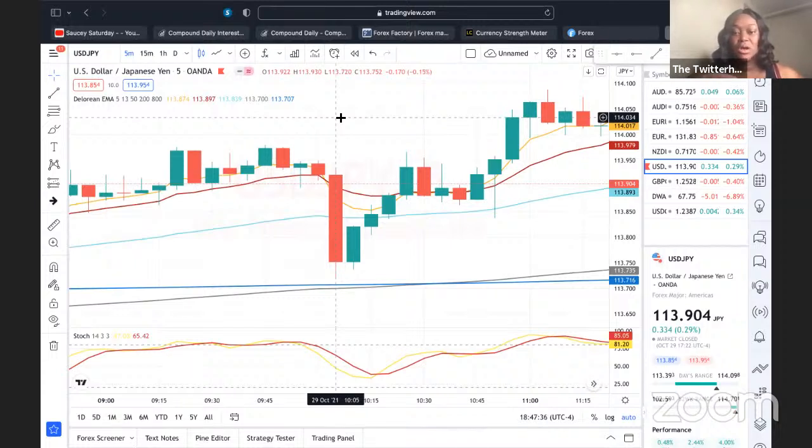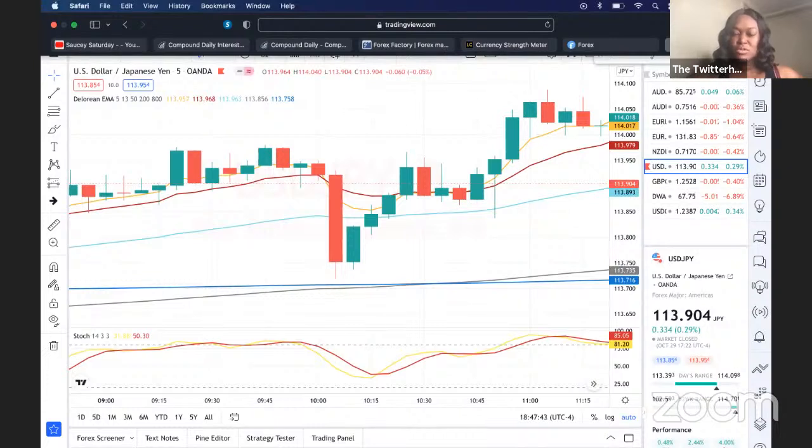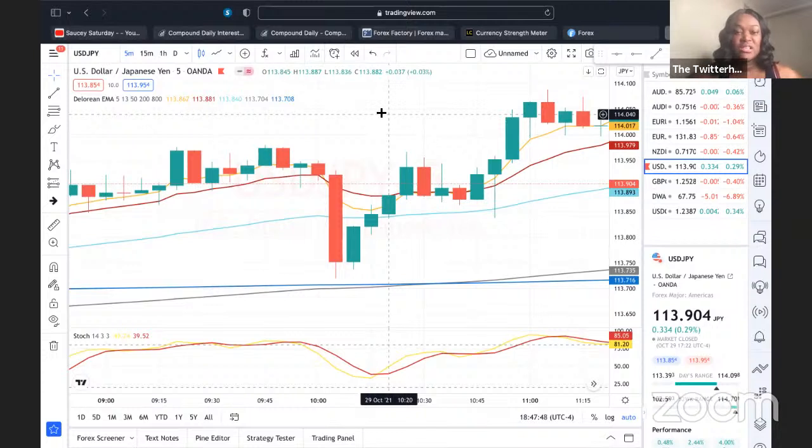But also, for anybody who wants to be successful, I recommend that you read Trading in the Zone. I forget who the author is right now. Let me Google that really quick. If anybody knows the name of the author, just drop it in the chat.